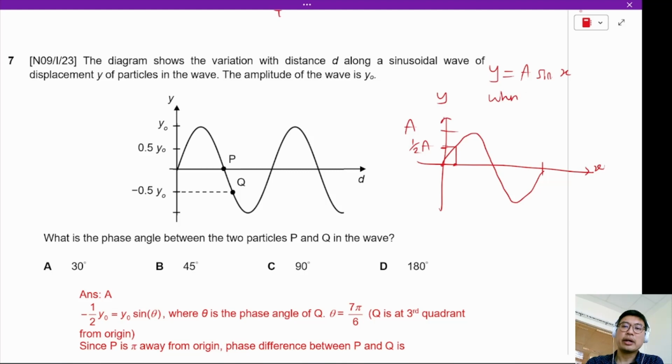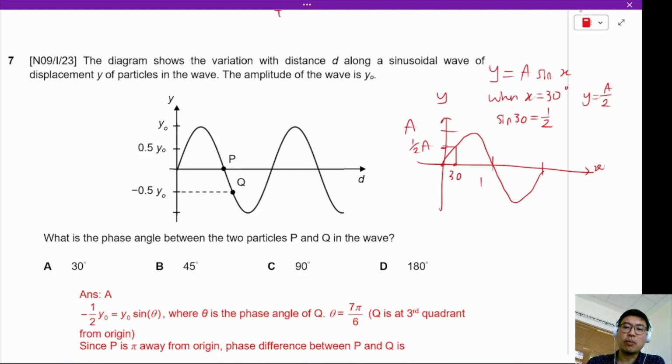When x equals how many degrees does y equal A over 2? All of us know that when x is equal to 30 degrees, your sine function will be exactly half, because sine of 30 is equal to half. So this must be 30 degrees.